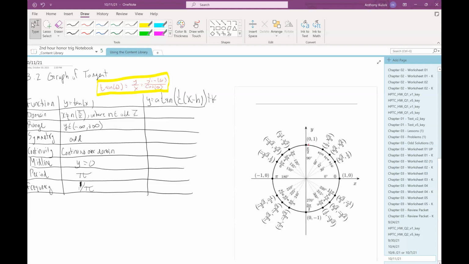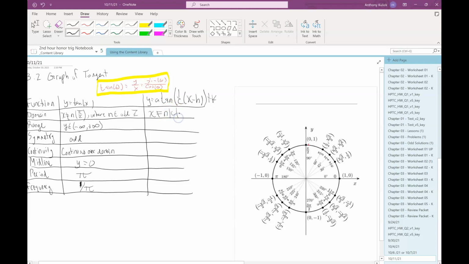What will change the domain is H and C. So moving the graph left and right can change the domain, as well as stretching it or shrinking it horizontally. So if we remember, the C is multiplicative, and the H is additive.